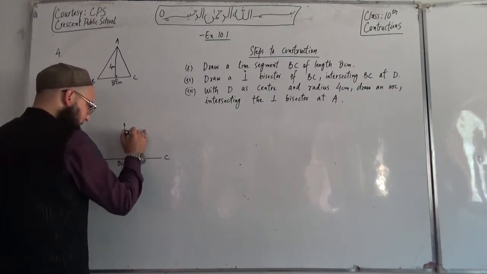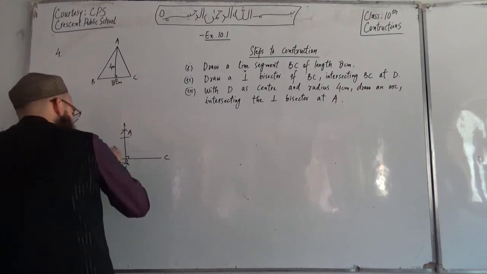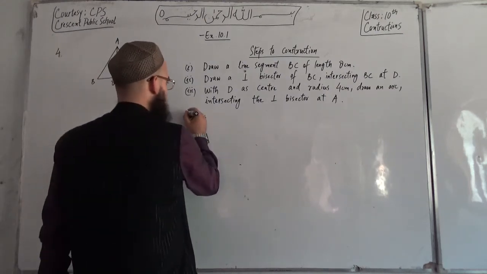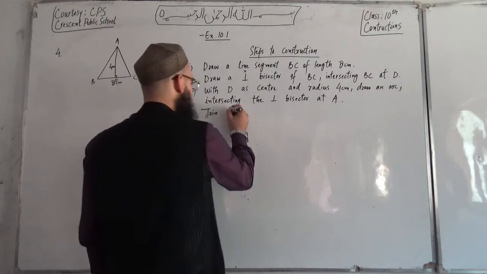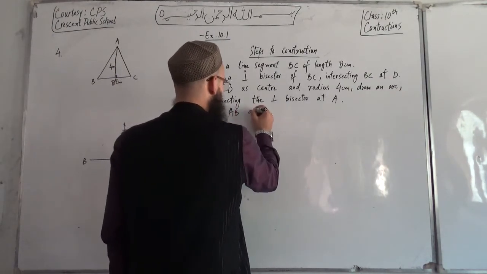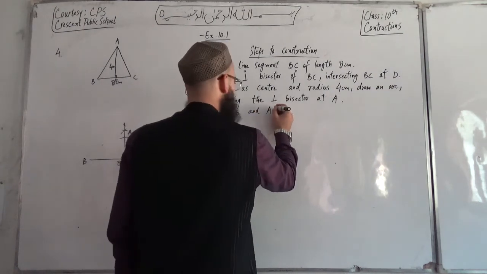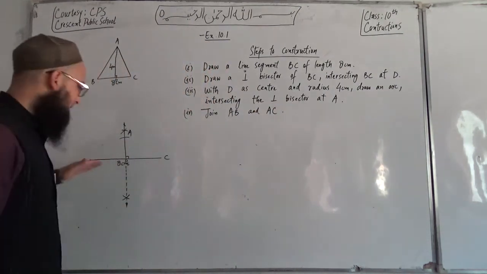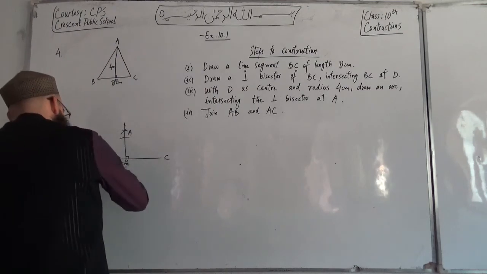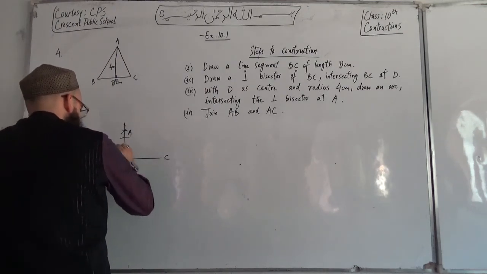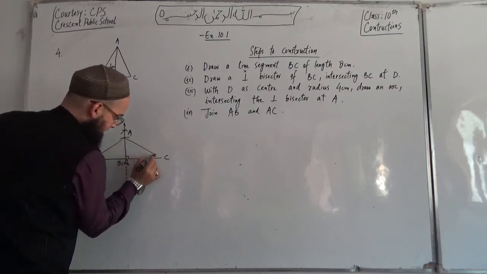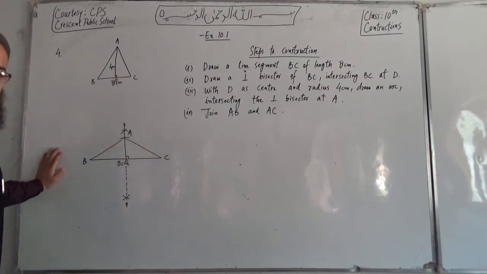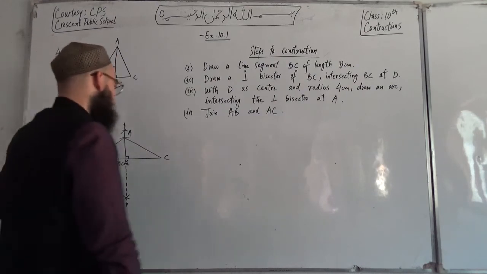And this is our A. Got it? Then the fourth point, join AB and AC. So that's your required isosceles triangle. You got it?